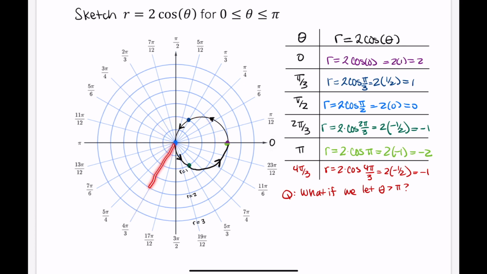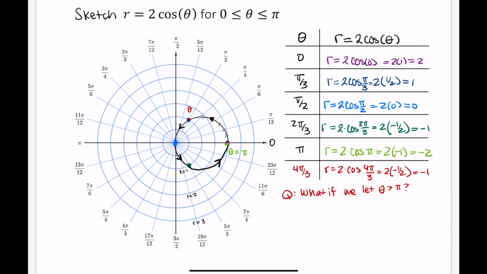Again, we're assuming we're traveling in this direction, and there's the angle of 4 pi over 3. So this would be the terminal side, and we want a radius of negative 1. Here is r equals 1 in this case, so r equals negative 1 would be here. You'd be here at theta equals pi, and then you can continue moving in this direction, and you'd end up right here.